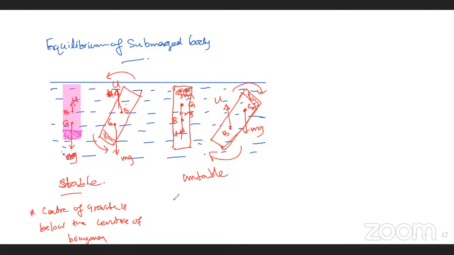And here, for unstable, the center of gravity is right above the center of buoyancy. So it's unstable. This comes up a lot in MCQs.